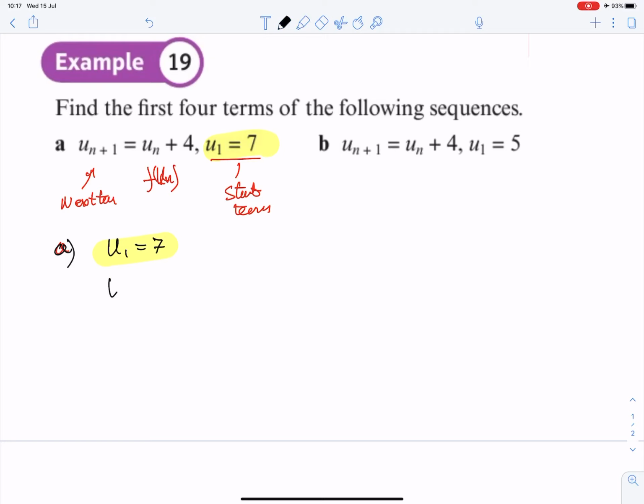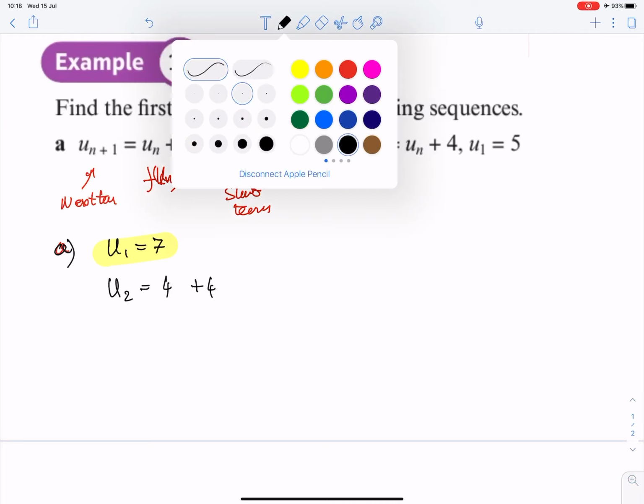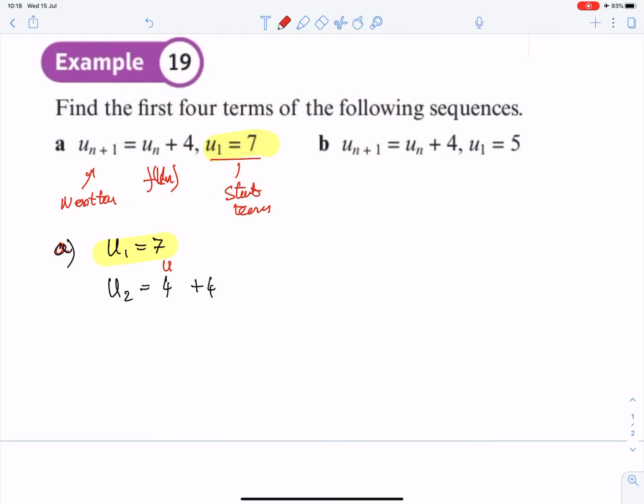Now, U2 is equal to the function, which is adding 4 to our current term, which is U1. So this was U_n, and this is U_(n+1), because n is equal to 1.